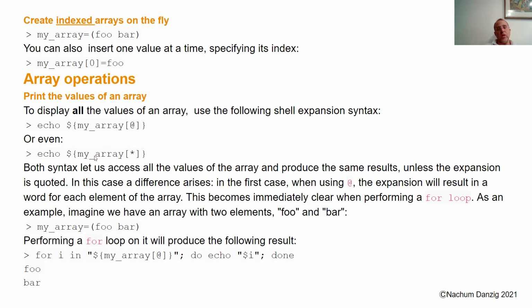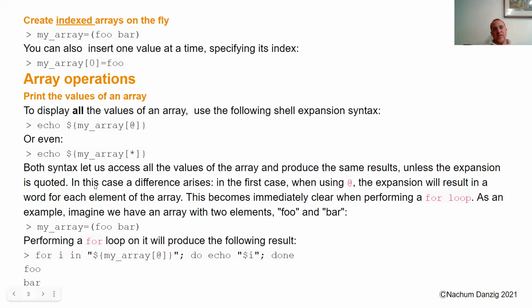I can even do this with a star, which essentially says match every single one, everything that's there. Notice it automatically knows the length of the array. I don't have to tell it how many elements are in the array.